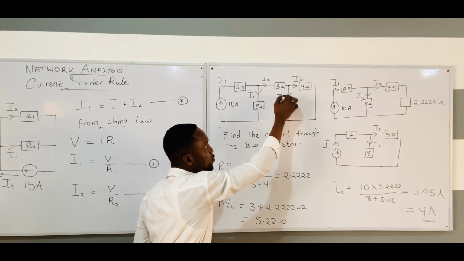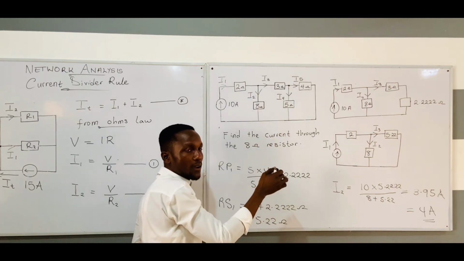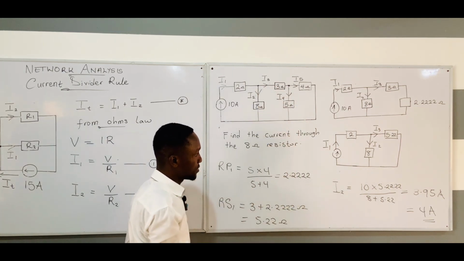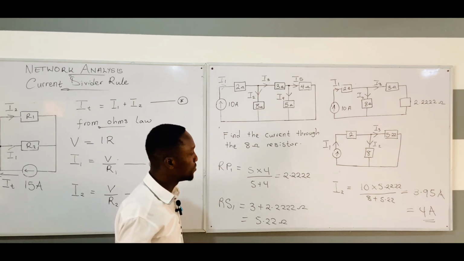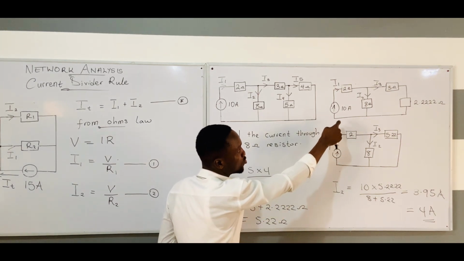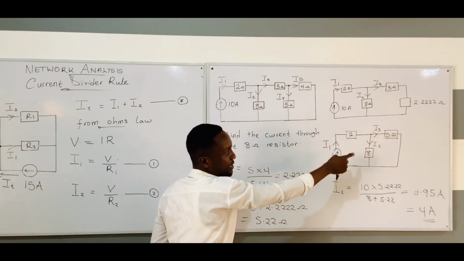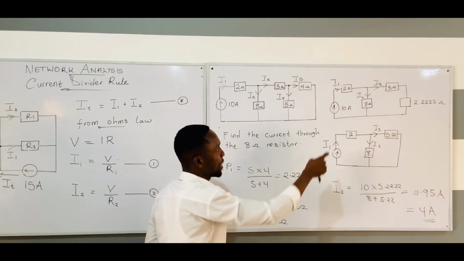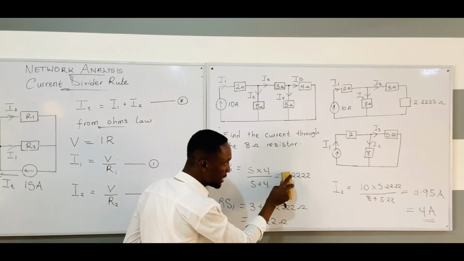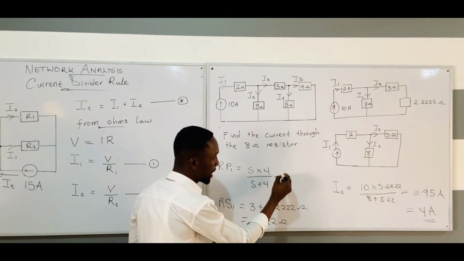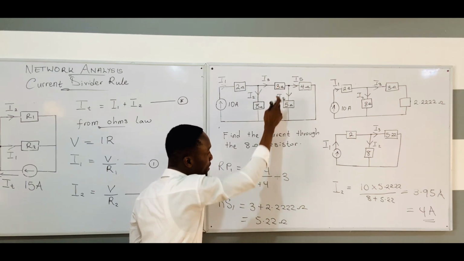1, 2, 3. I need to join them together. So this and this are in parallel and in series with this. So in the calculation from the beginning, I didn't have to draw this particular circuit. I just need to draw this one. So I can clean this side and add my plus 3 coming from here.